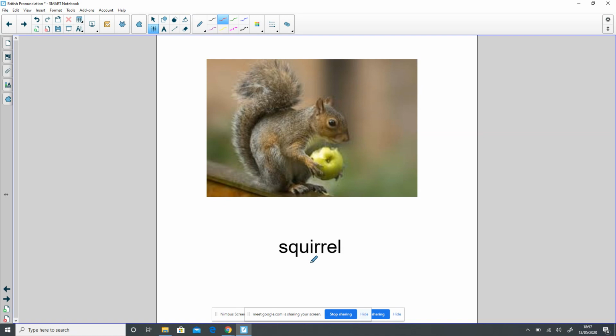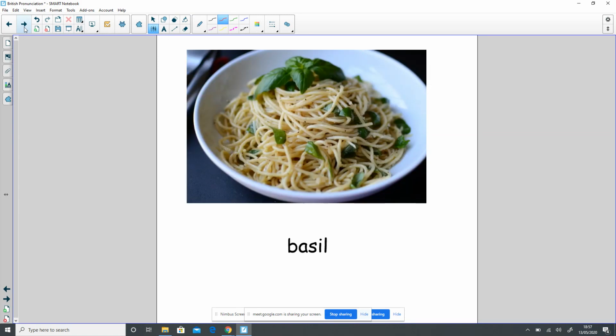How do you think they say that in the USA? They say one syllable. They say squirrel. So British English, squirrel. Stress is here. US English, squirrel. Just one syllable.